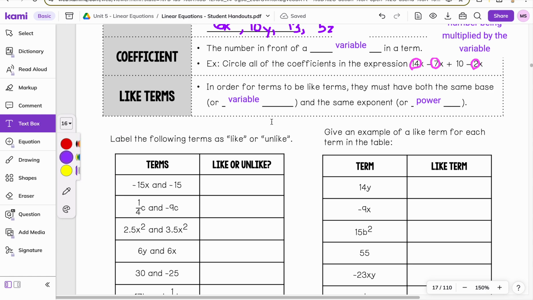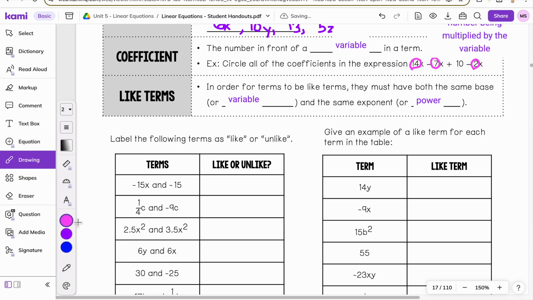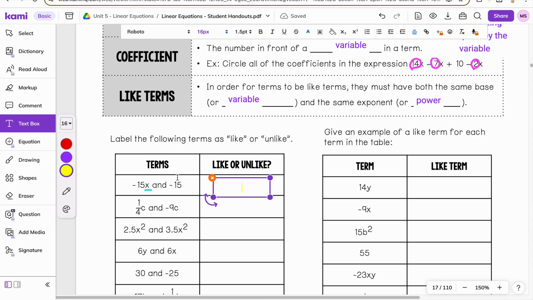So a like term, again, means it has the same variable and the same power. If we are looking here at these boxes, we have negative 15x and negative 15. This one has an x. This one does not. So these would be unlike.